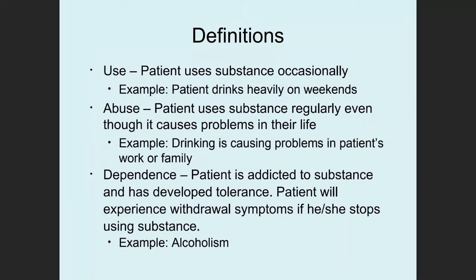So let's talk about use, abuse, and dependence. How are these defined? Well, use is the patient uses the substance occasionally. For example, a patient drinks heavily, but only on weekends, only on Saturday night, right? To go to the bar, have a lot to drink. That's use. Abuse is the patient uses the substance regularly, even though it causes problems in their life.